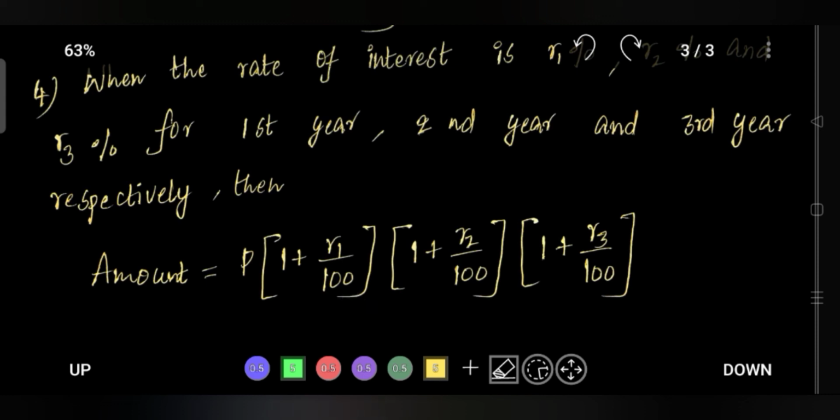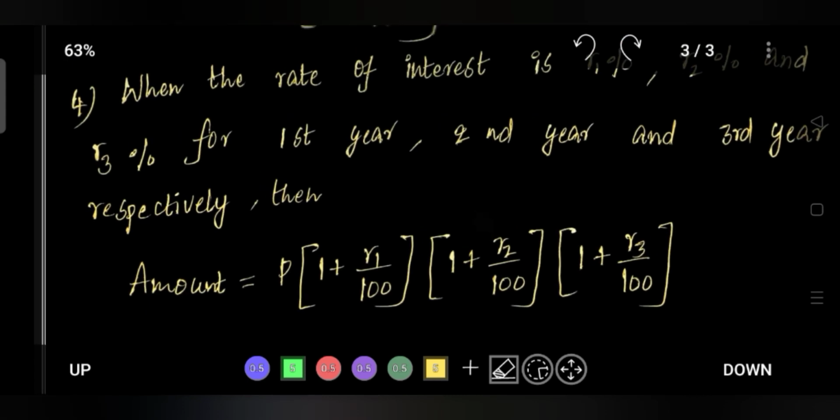If the rate were the same as r1, then it would have multiplied to this thing and we got the power as 2. But here the rate for the next year is r2, so these two will not be multiplied together.